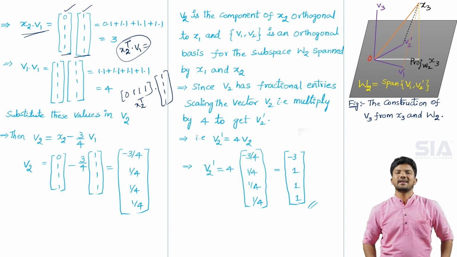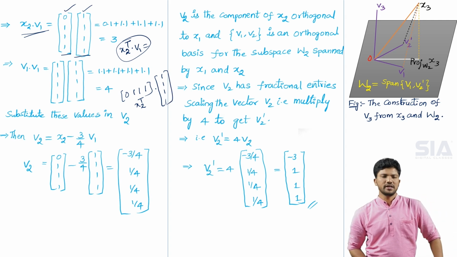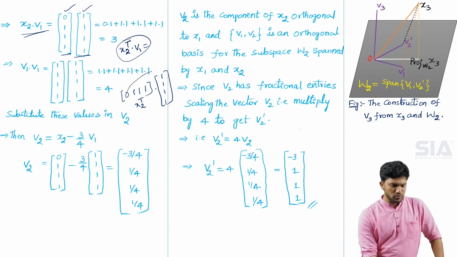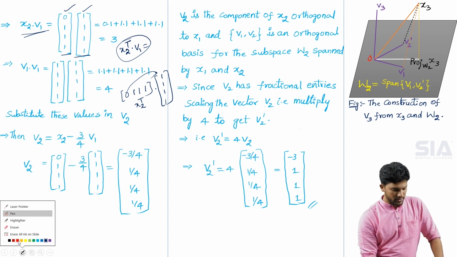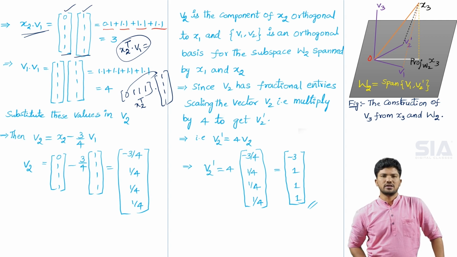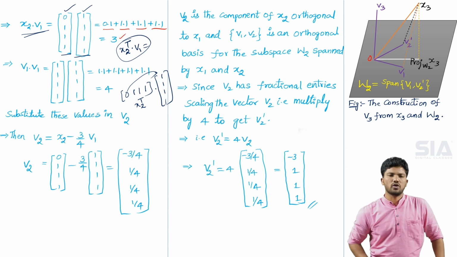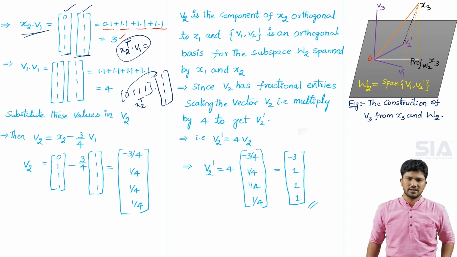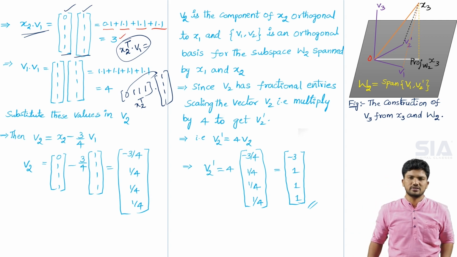By multiplying these two matrices you get the resultant value: 0 times 1 plus 1 times 1 plus 1 times 1 plus 1 times 1. By adding those four values you get 3. That inner product value is equal to 3.